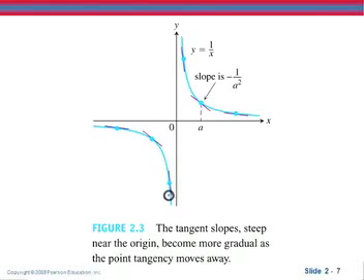As we get close to 0, you'll see that our tangent lines start becoming much more steep. The same is true to the right of 0, we have steep tangent lines, and as we go toward infinity, our tangent lines become flatter and flatter, and our slopes will approach 0.